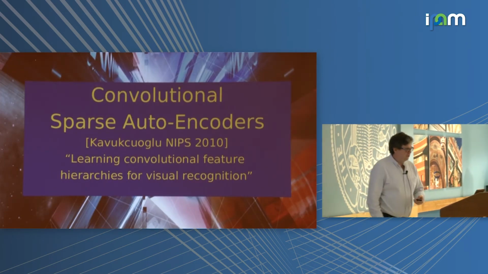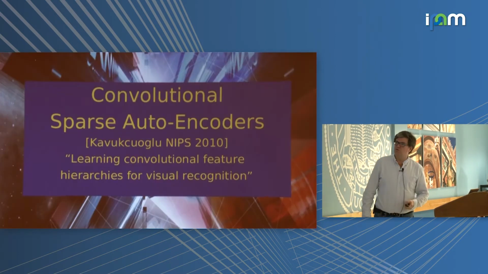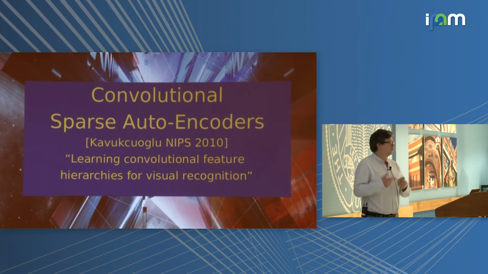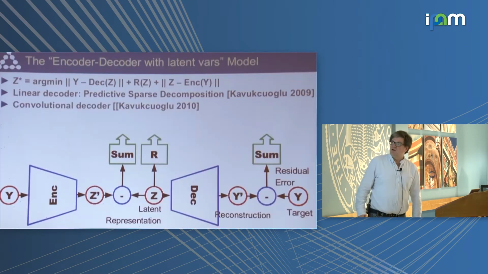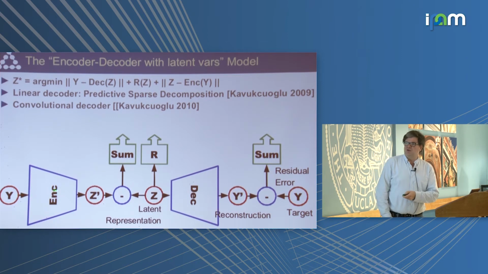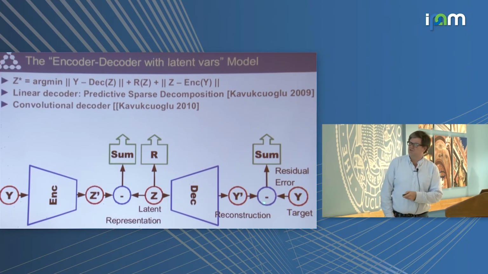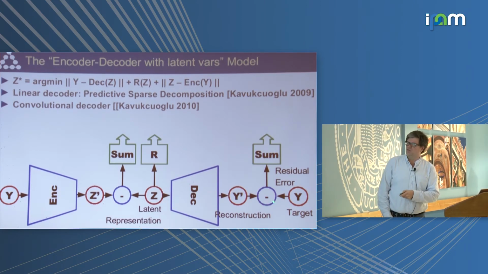But here is something else I want to talk about, which is sparse autoencoders. The issue with GLOW and sparse coding is that inference is slow, because you have to do this L1, L2 optimization. So one thing you can do is build a neural net, let's call it an encoder, that makes a prediction for what the latent variable should be. And now the inference algorithm minimizes three terms. One term is how good the reconstruction is.